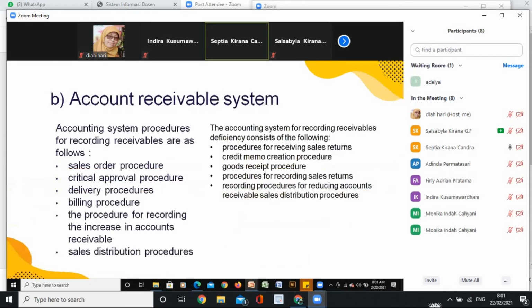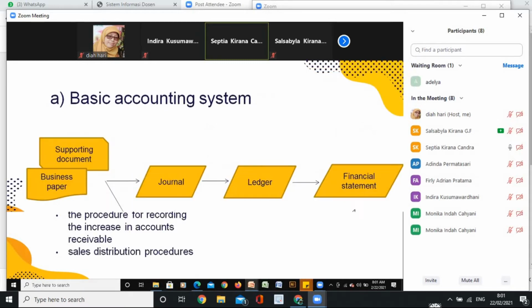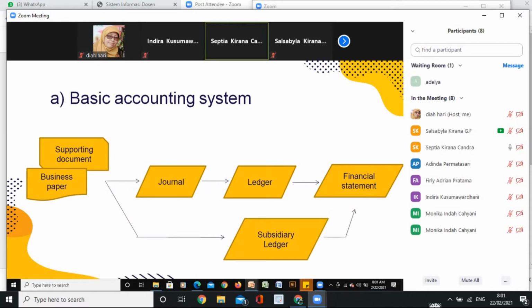Source documents are documents whose data are used as the source in accounting records. Supporting documents are documents that support data included in source documents. Source documents and supporting documents are used as the basis for recording in the accounting records.